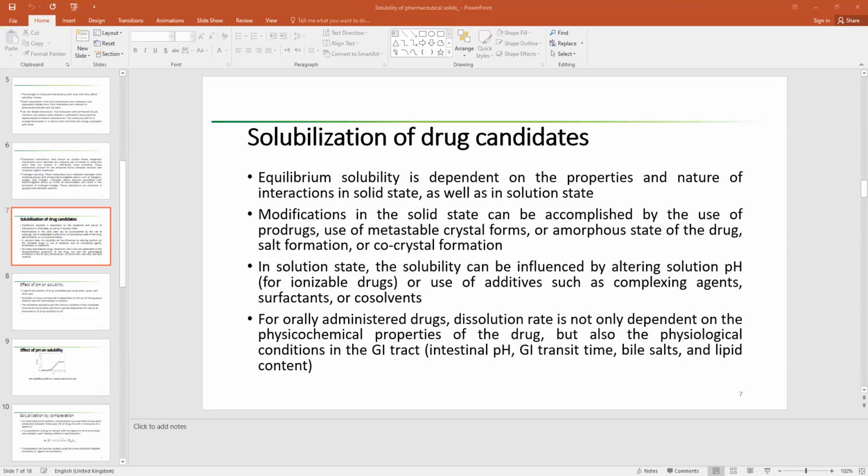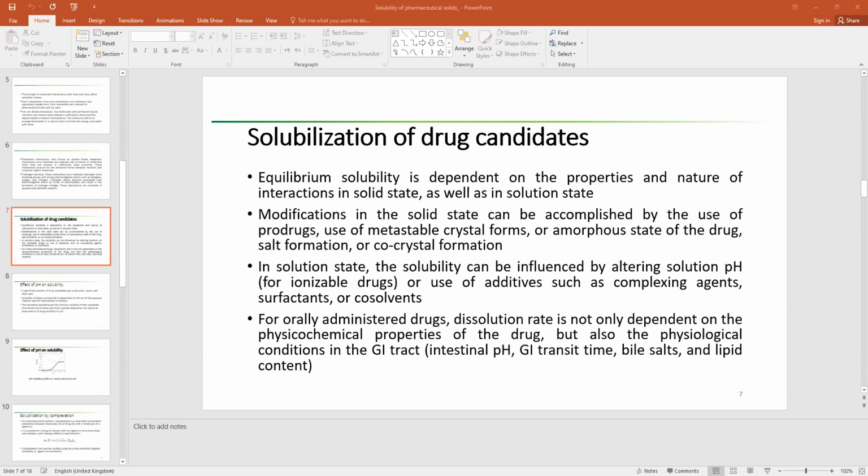Now that you have a summary reminding ourselves of the types of interaction that are expected, we need to remind ourselves of the approaches to solubilizing drug candidates. In general, equilibrium solubility is dependent on the properties and nature of interactions in the solid state as well as in the solution state.